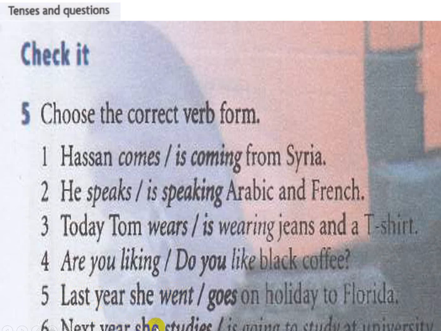Number 6, next year she studies or is going to study at university. The right form is going to because we have the time expression next year, which we use with the future. As you remember, for the future we use the present continuous, going to, and also will.